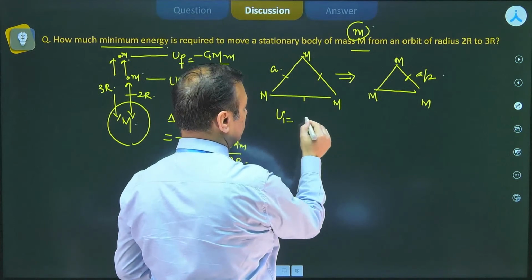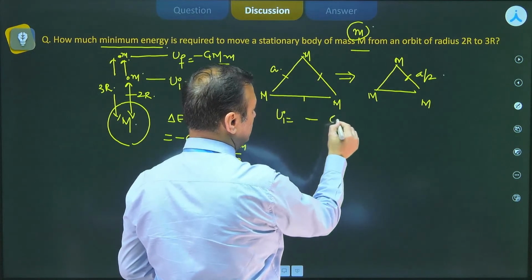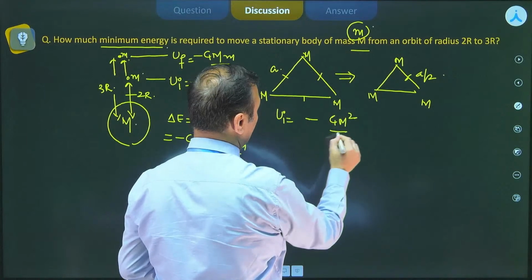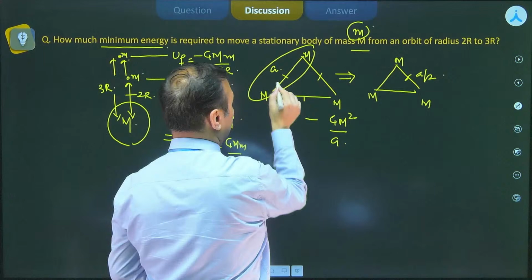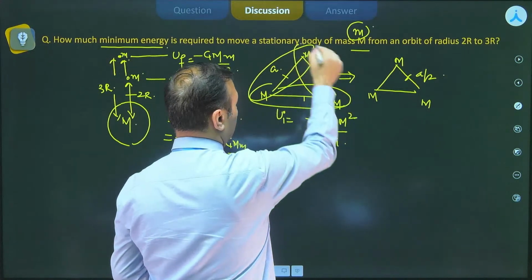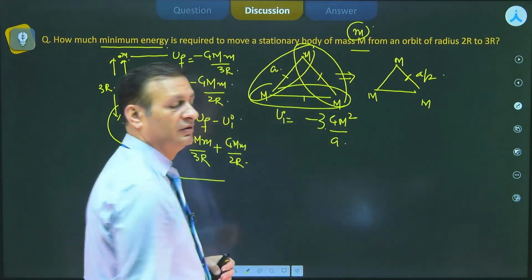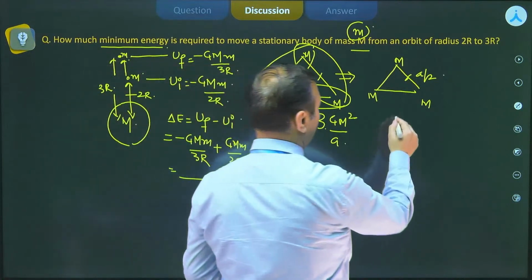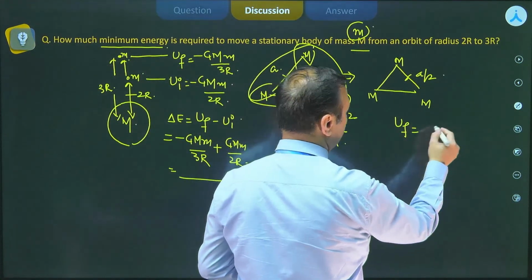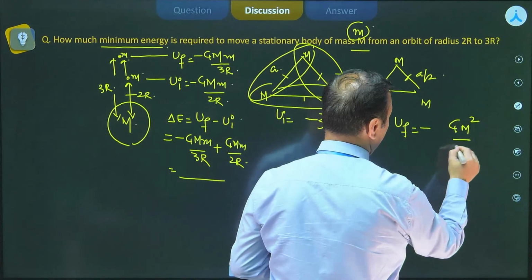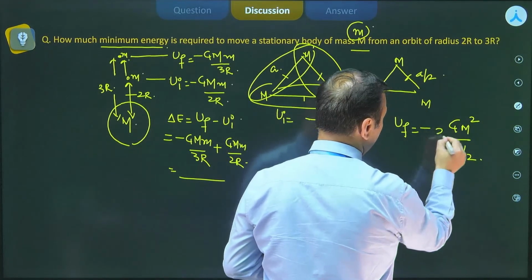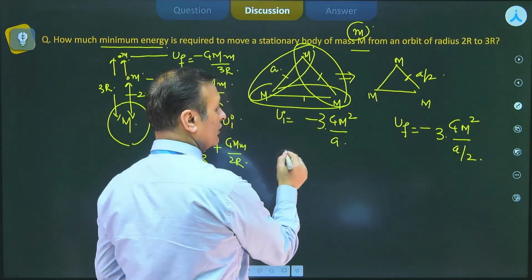For one pair, it is minus G m1 m2 by A, and we have three pairs. So this is one pair, this is another pair, this is another pair. This is the initial energy. For the final energy, it is minus G m1 m2 by (A by 2), again for three pairs.